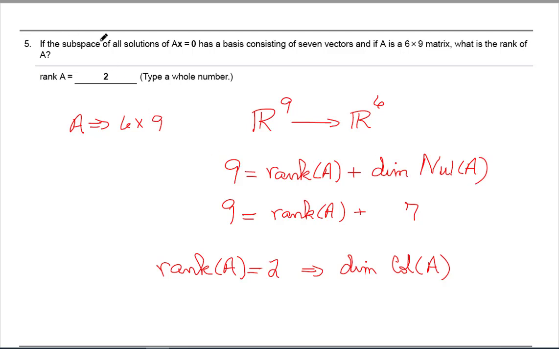They tell us that the subspace where we have all the solutions where it's 0, which is the null space, is 7. And so that says that the rank of A must be equal to 2, which is the dimension of the column space of A.